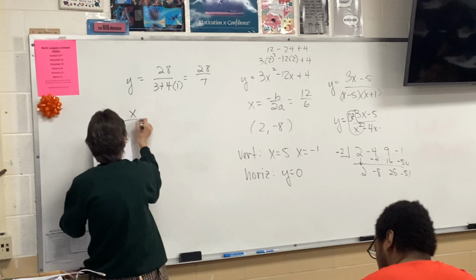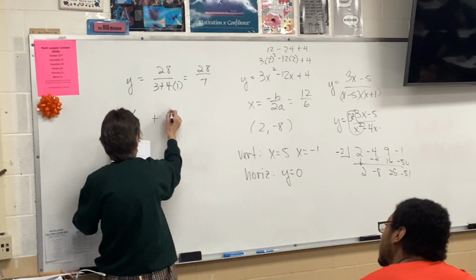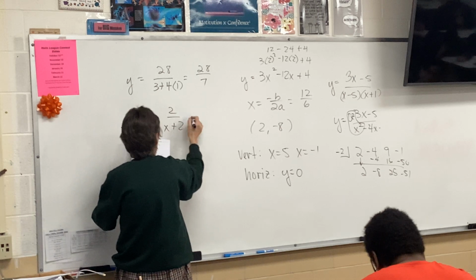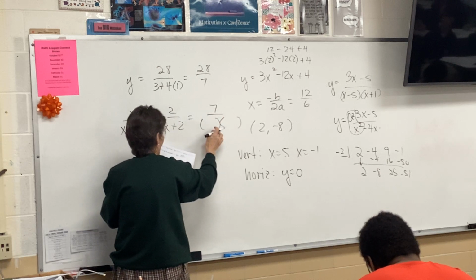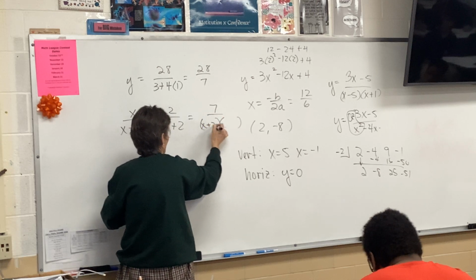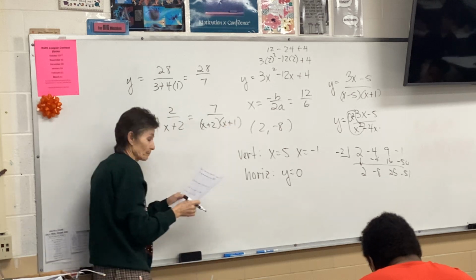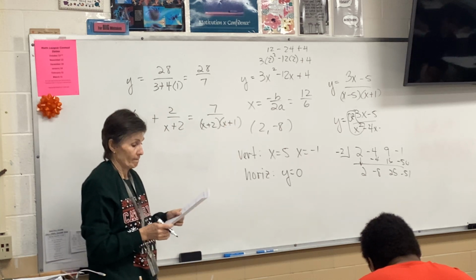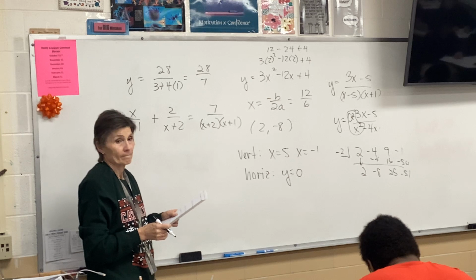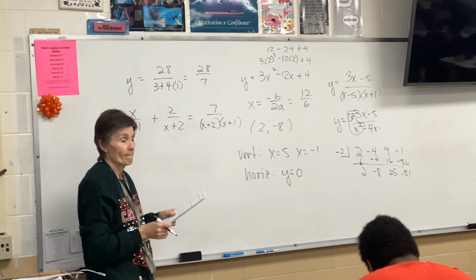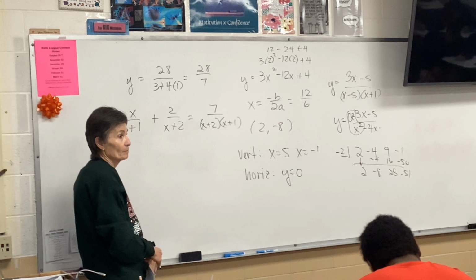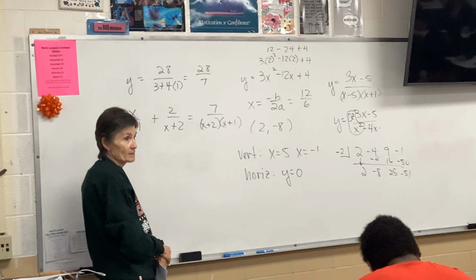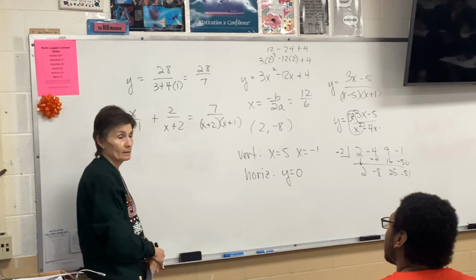What do I do with this guy? Figure out, well, first of all, I'm going to factor this one, that last one, and that's x plus 2, x plus 1. Right? So what's my common denominator going to be? X plus 2, x plus 1.